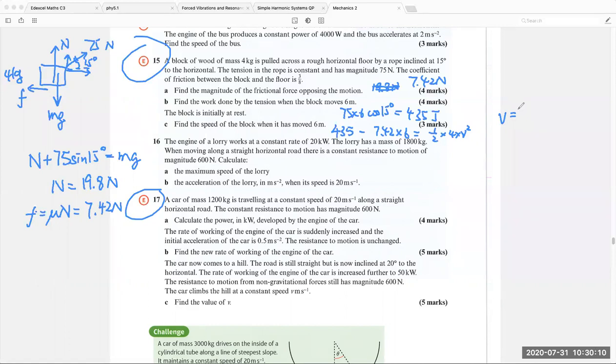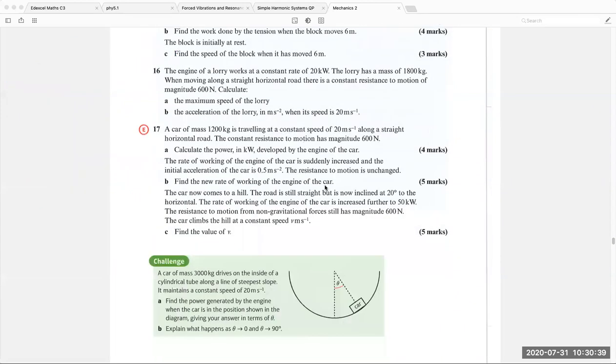Do all of you get the same answer? Okay, 14.0. If no question, then let's go on to question 17. So have a look at question 17 now.